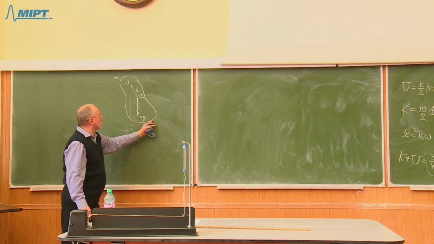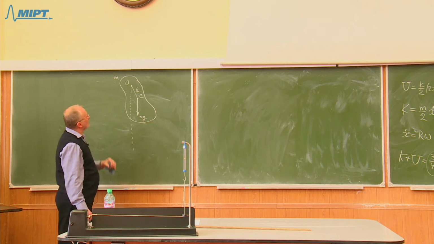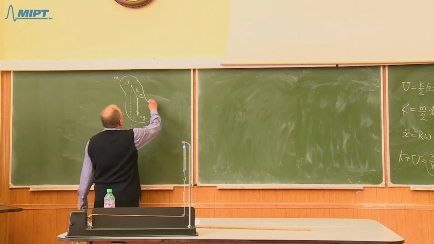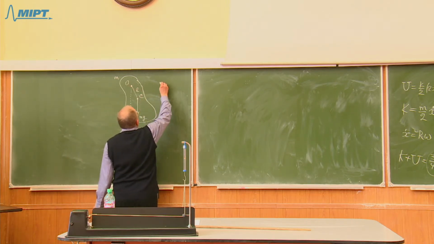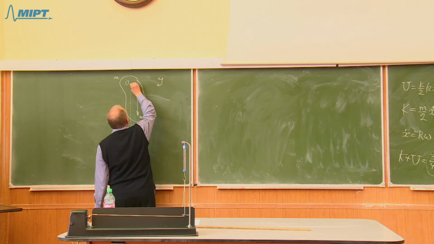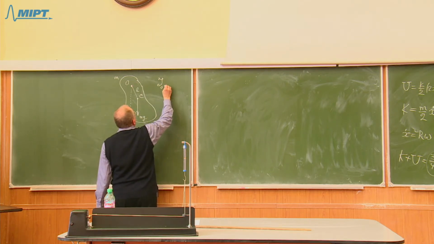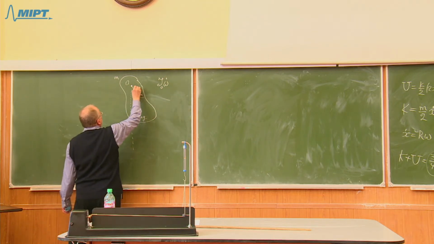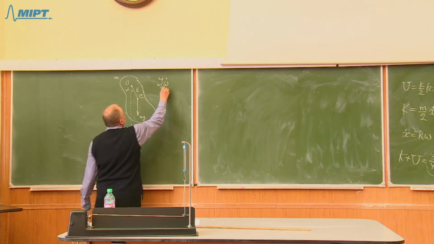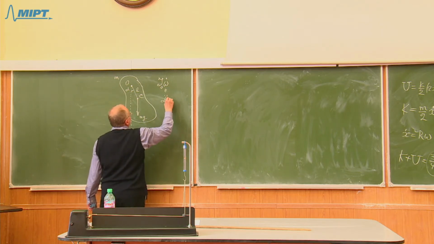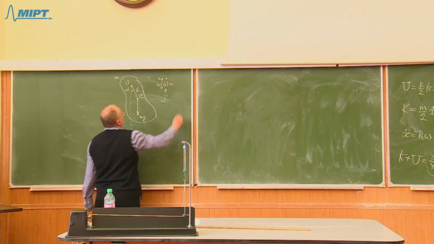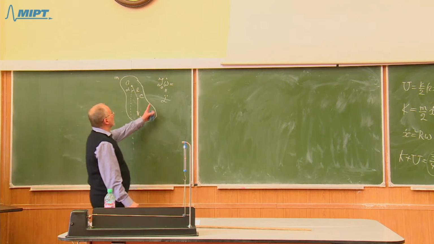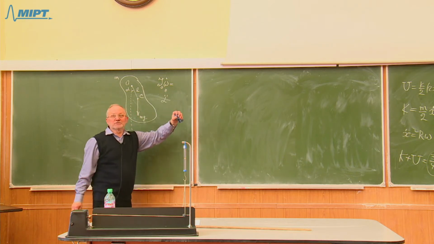But if I deflect this body and let it return back, it will vibrate in such a way that the moment of inertia of this body about point O times angular acceleration of this body, which is alpha with two dots, the second derivative, will be equal to, well, you recognize the equation.